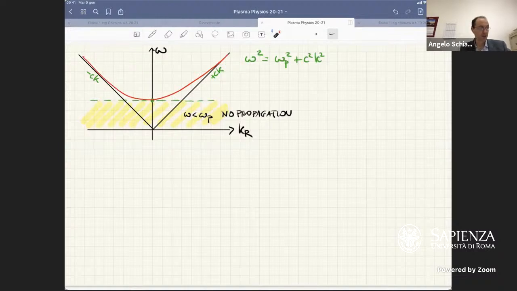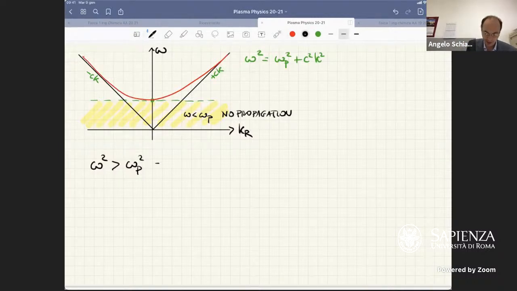So let's see what is the constraint that the omega of the wave has to be larger than the plasma frequency. So we require that, for instance, omega squared must be larger than omega p squared. And I remind you that omega p is omega pe, so it's the plasma frequency for electrons. Okay, we are focusing our attention on the interaction of electromagnetic waves with the electrons.